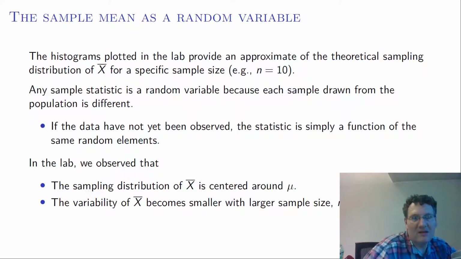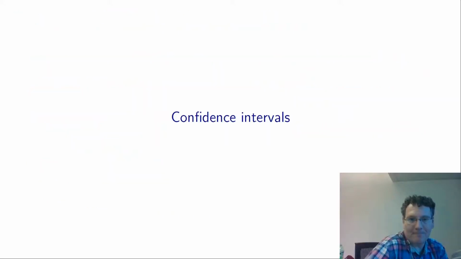We'll see that in practice the distribution matches the theoretical probability distribution pretty closely, and we'll observe in class that as the sample size gets bigger, the variability of the sample mean gets smaller and smaller, which is to say that with a larger and larger sample size, you're less likely for the sample mean to be very far off from the population mean. We'll talk a little bit more about the specifics of that.